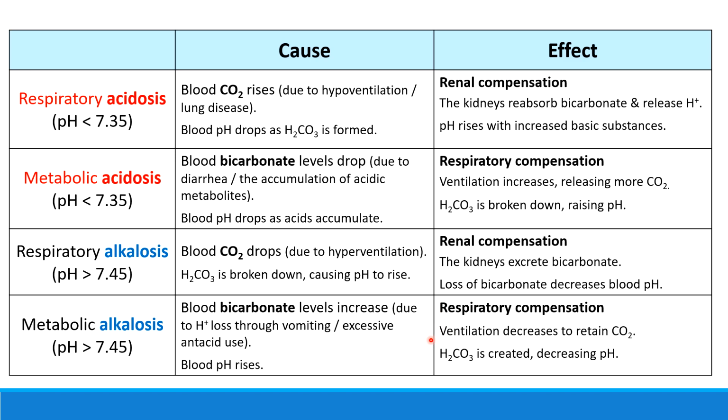My respiratory compensation is going to be a decrease in my ventilation rate, because when I decrease ventilation, I'm keeping more of that carbon dioxide, which I'm going to use to make carbonic acid. Ultimately, that carbonic acid brings my pH down and gets me back down to normal.